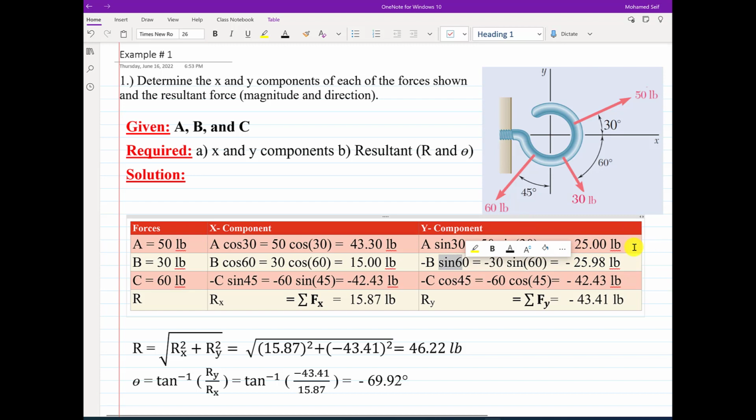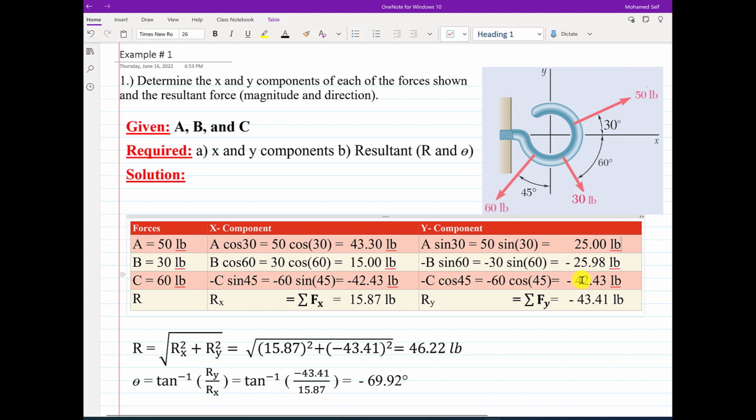You get, in this case, 25 pound for the y component of A, minus 25.98 pound for the y component of the B force. So the first one was positive 25, but the next one is negative, and the C y component is again negative.